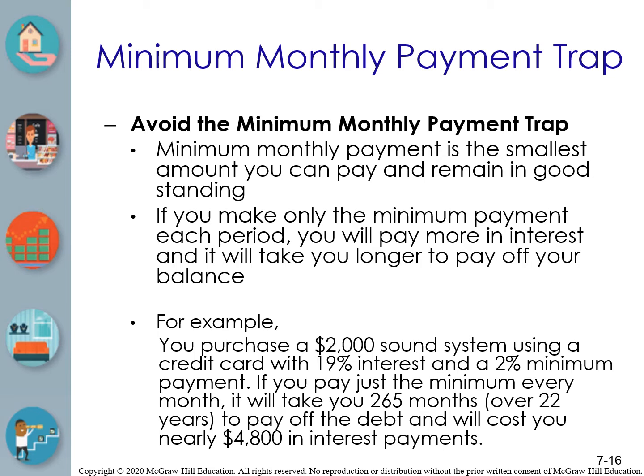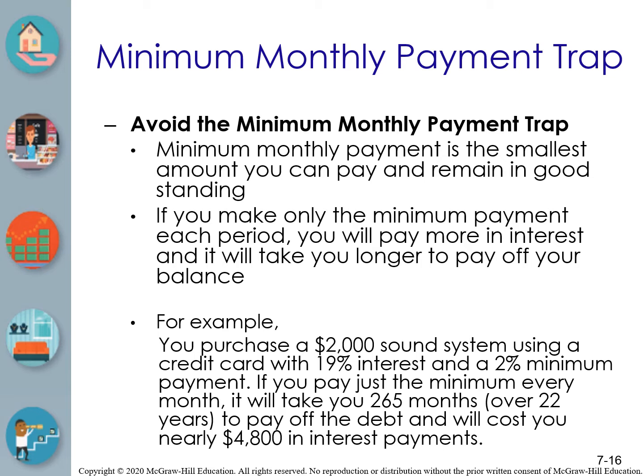So here's the example. You purchased a $2,000 sound system. Nice sound system, right? Using a credit card with 19% interest and a 2% minimum payment. If you pay just the minimum payment every month, it will take you 265 months or 22 years to pay off the debt, and will cost you nearly $4,800 in interest payments.